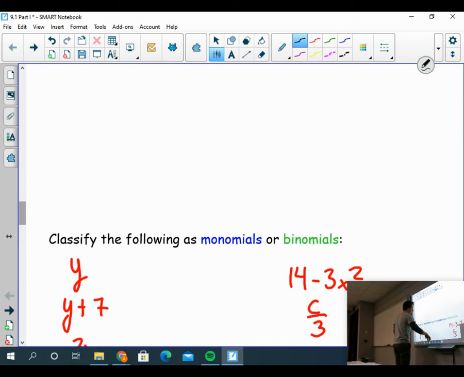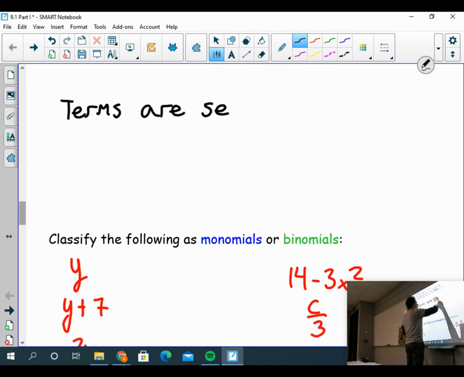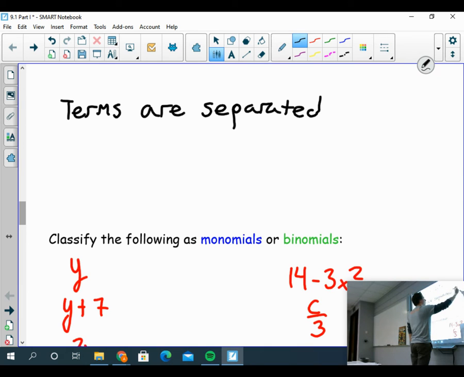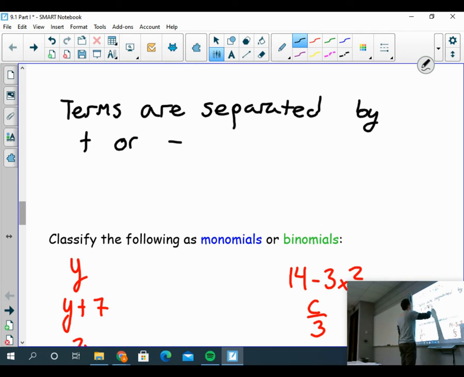Well, terms are separated by plus or minus signs.